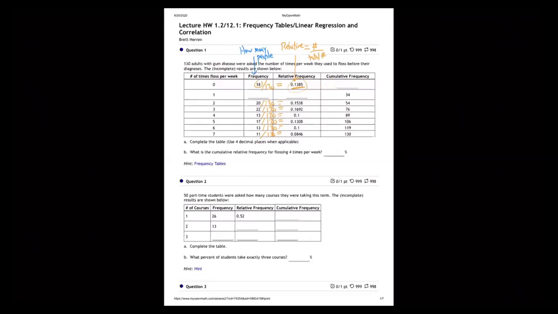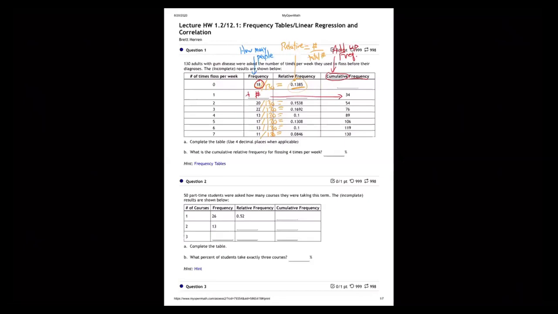So, and then what's cumulative? Let me make sure that's making sense for you. Cumulative frequency. To accumulate means to add them up. So this just means add up the frequencies, right? Because it's cumulative frequencies. So in other words, what they're doing is they're saying 18 plus some number equals 34.